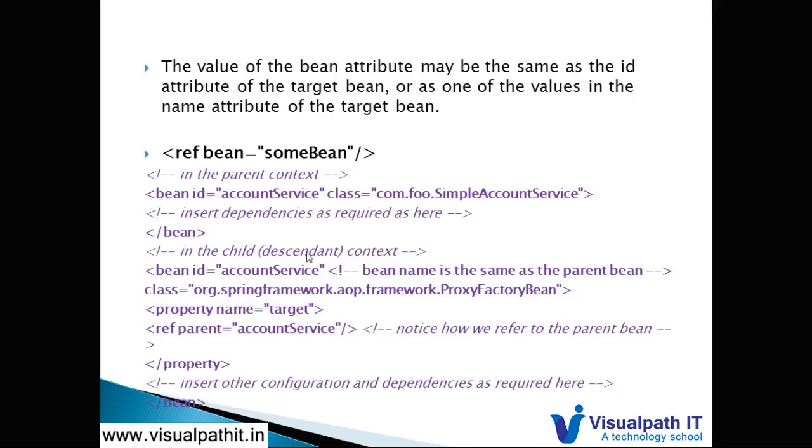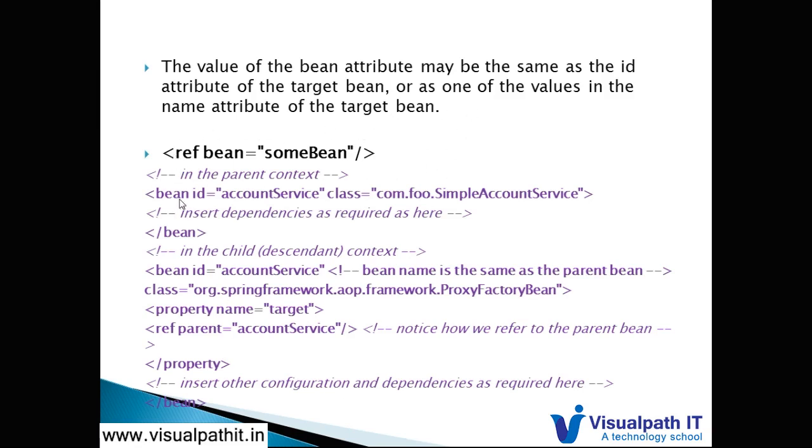This is the example here. The value of the bean attribute may be the same as that of the id attribute of the target bean, or as one of the values in the name attribute of the target bean. So ref parent is equal to accountService here. This is just an example. ref bean equal to someBean. This is the bean name or the bean id. It can take the bean id.